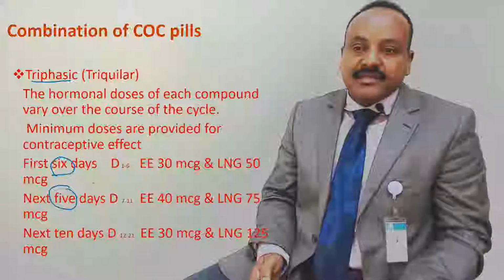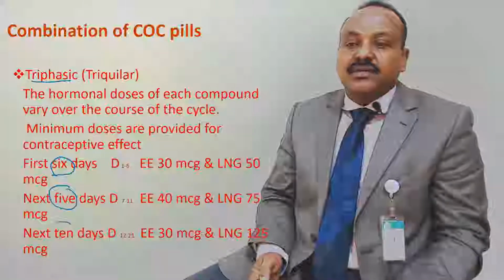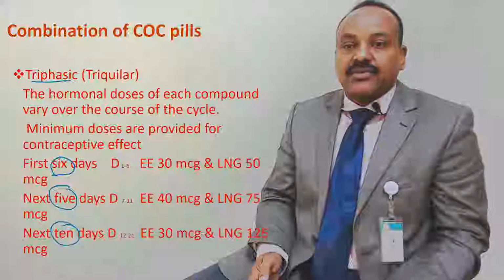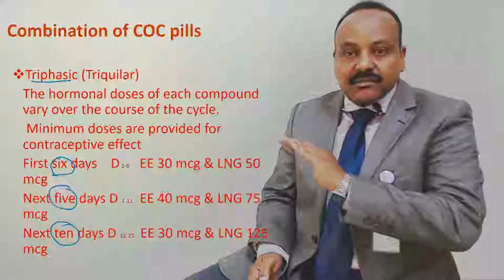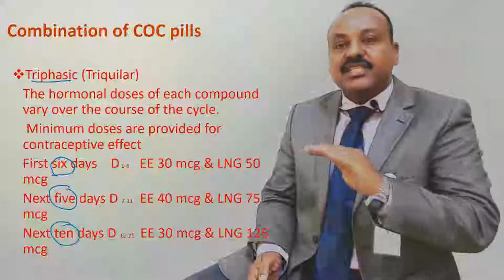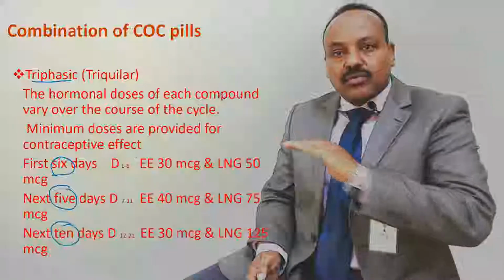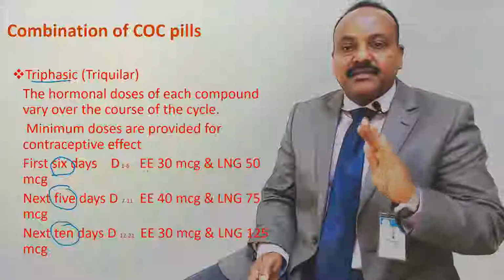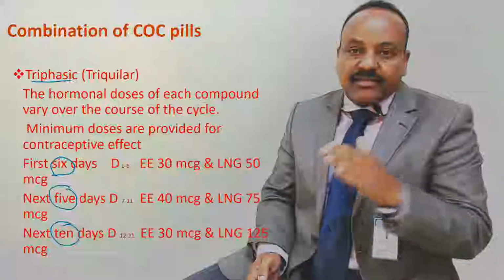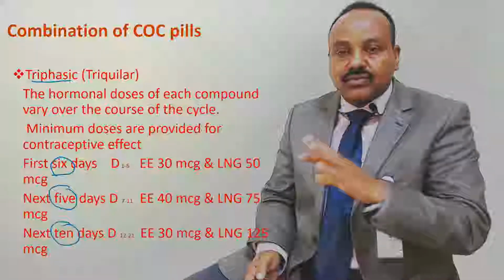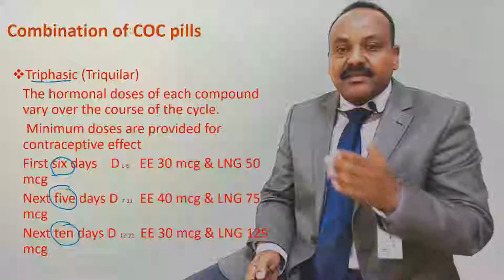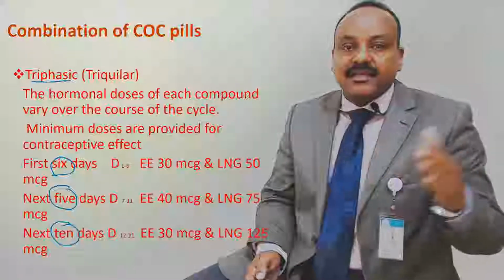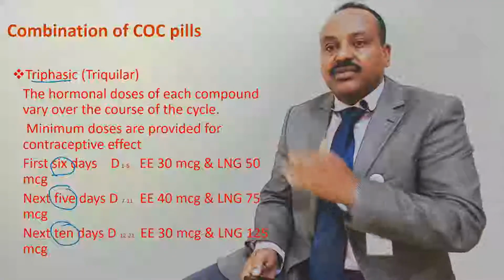Next 10 days, 30 and 125 levonorgestrel. This means that monophasic has a similar concentration of the hormones for the whole tablets. Biphasic has two different concentrations, and triphasic means that there are 3 different concentrations of the hormone.